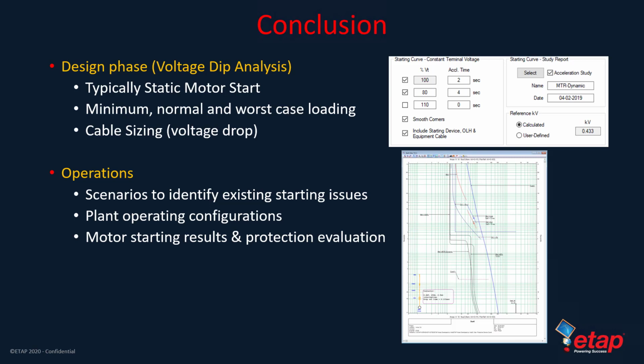Under operations and throughout the life of the facility, engineers have the flexibility to model different operating scenarios to identify existing starting issues, to model planned operating configurations, and also to study various motor starters and the impact they have using the result analyzer and the protection evaluation tool.